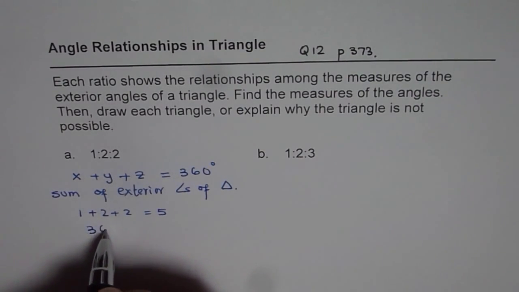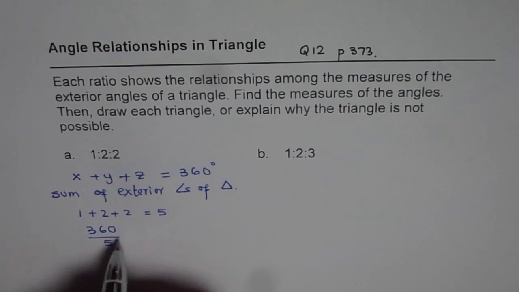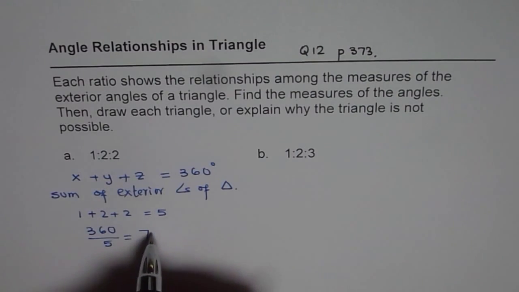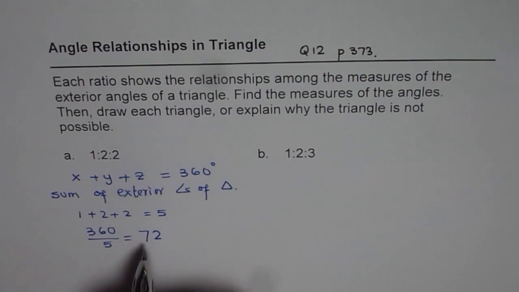So let me divide 360 by 5. So what do I get? 5 times 7 is 35, and then we get 10, so 2. So 72 is what we get. So each part is 72 degrees, correct?